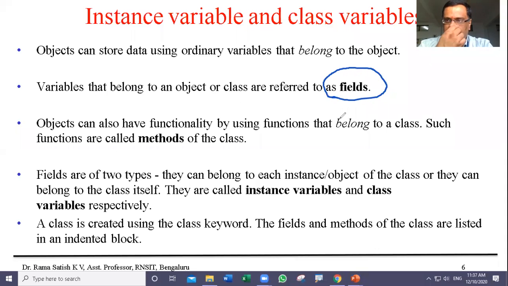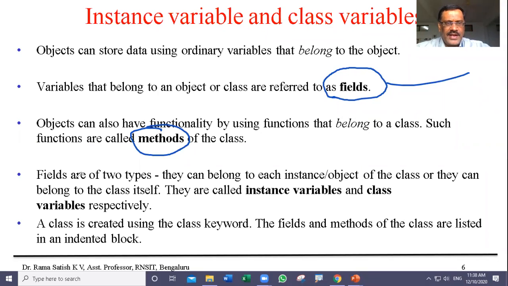In Python, we call the variables inside the class or inside the objects fields. You have to understand this, fields. And objects can have functionality as functions that belong to a class. Such functions we call methods. The functions associated inside the class or object are called methods.